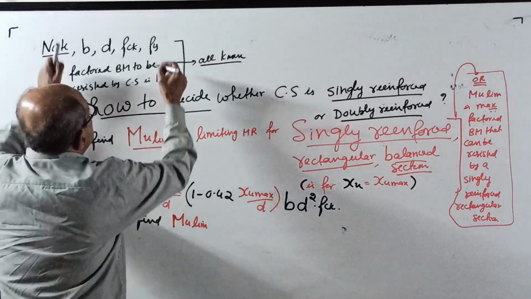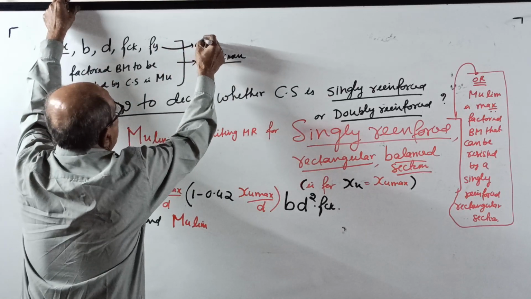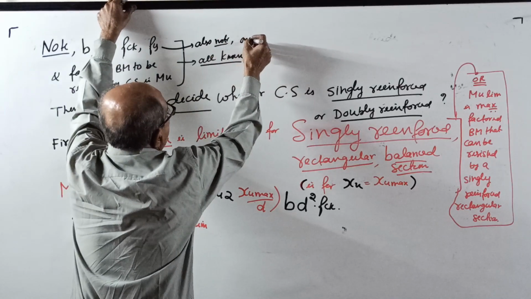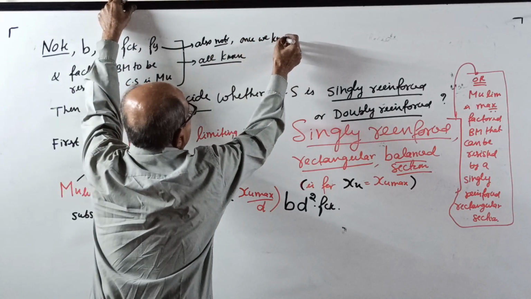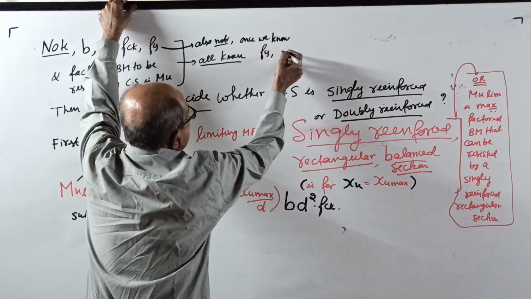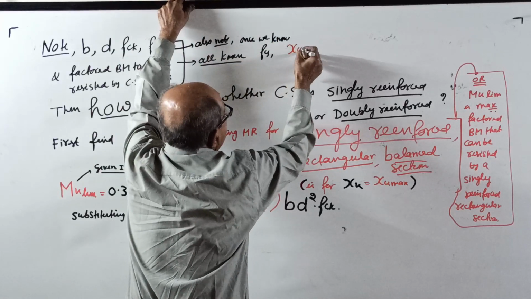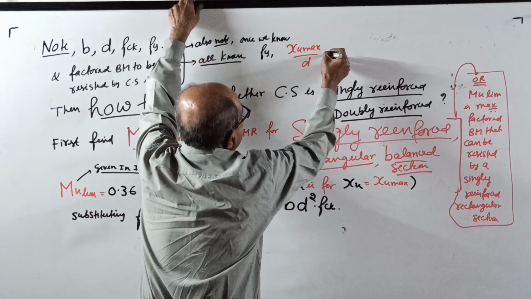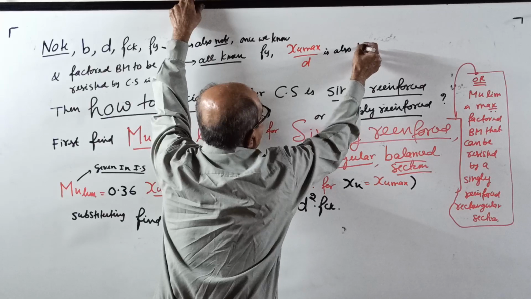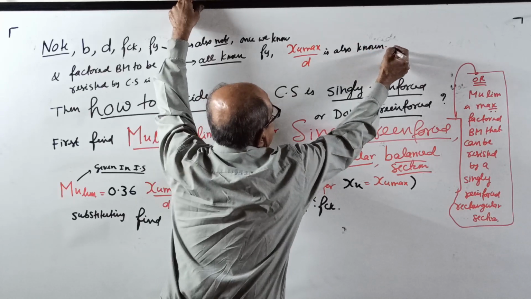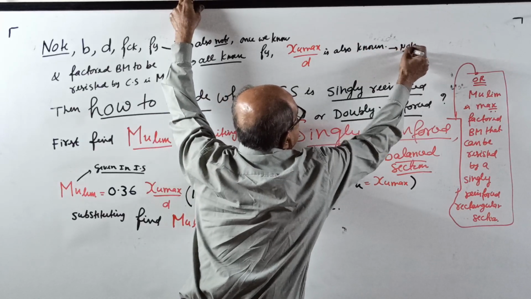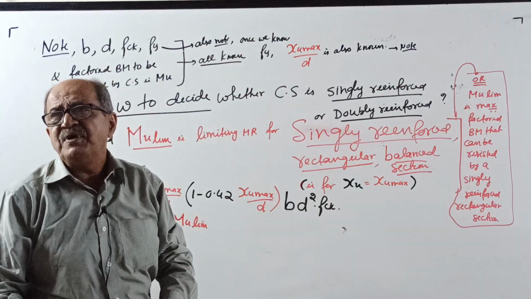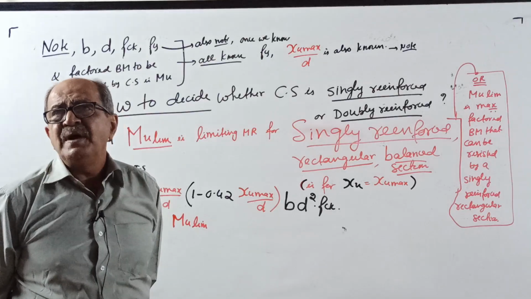Also note, once we know fy, xu max by d is also known. You can make a small note here: if Fe 250 or Fe 415 or Fe 500, you can read directly from the IS code.